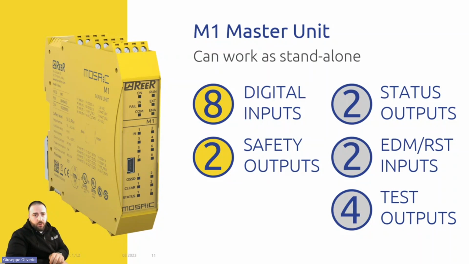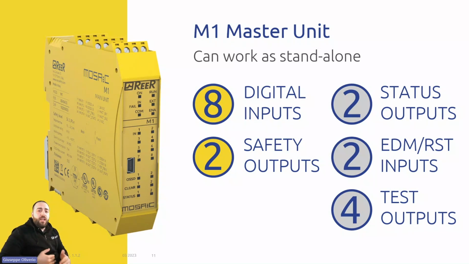In that dimension, you have 8 digital inputs, 2 safety outputs, OSSD safety outputs, so auto-tested triggered outputs that are able to detect every short circuit present on the load. 2 status outputs that you can use in applications or in some part of the process that requires performance level C, for example.